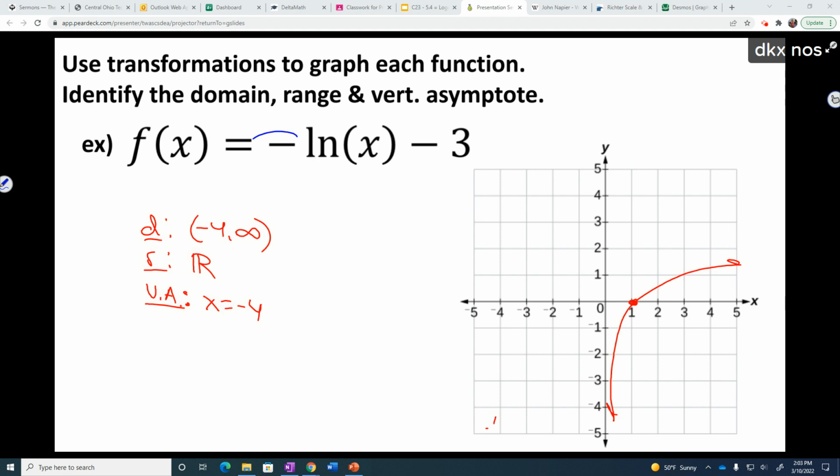So does this reflect over the x or the y? X, yeah. This is a reflection over the x. And then we also have to go outside, so it's going to be down. Hopefully by now you know all those because we've done it for a bunch of different functions.